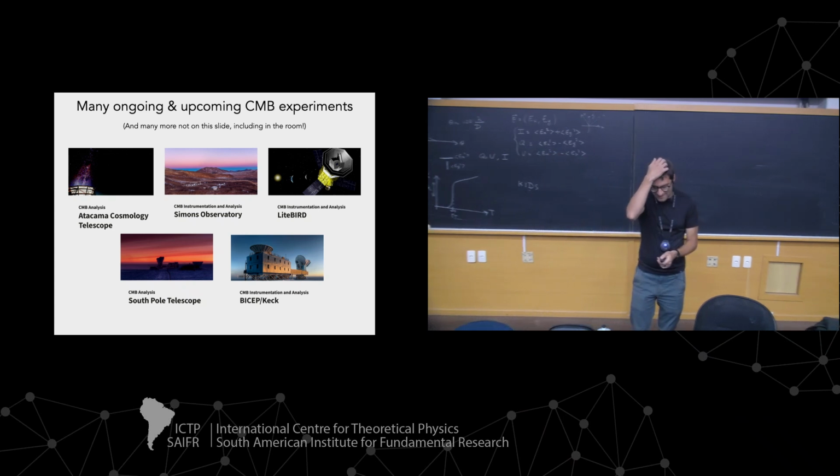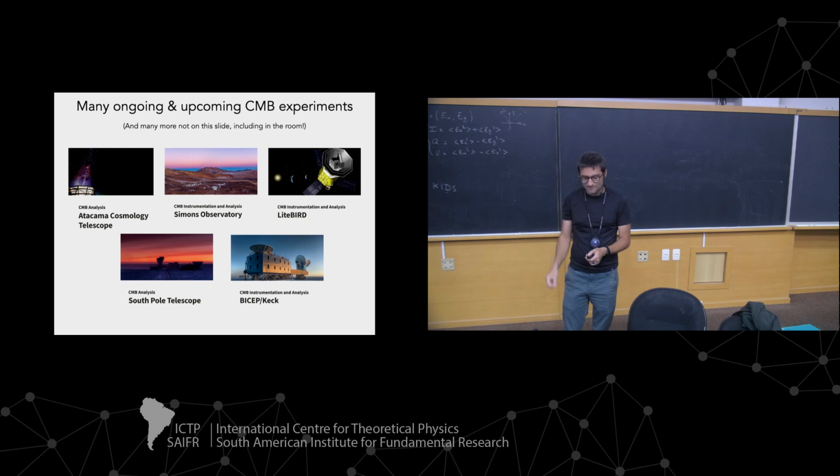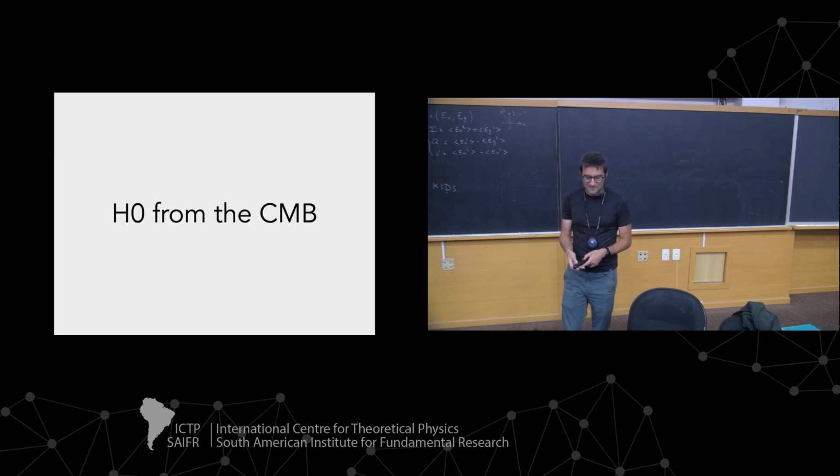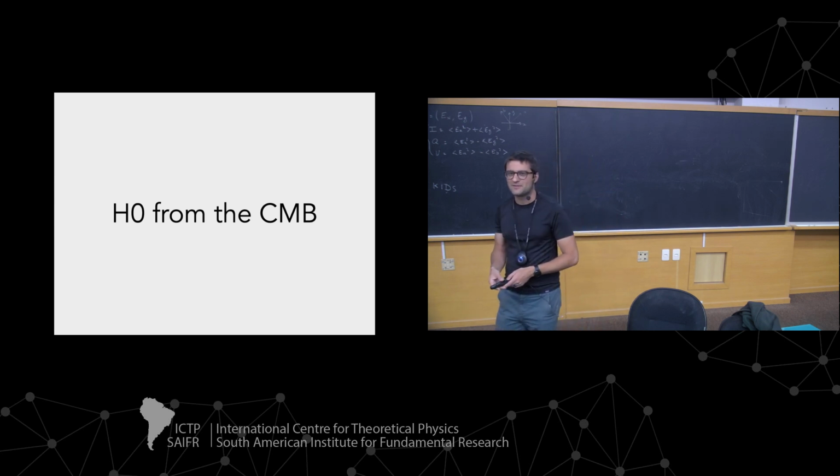This is all I was planning to tell you on how the CMB is measured and the landscape of ongoing and upcoming experiments. And I would like now to switch gear to tell you about how the Hubble parameter is measured from the cosmic microwave background.